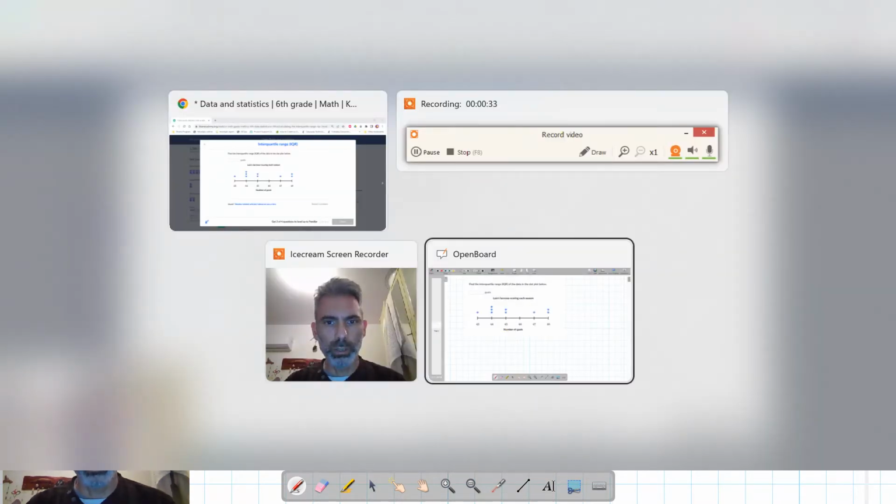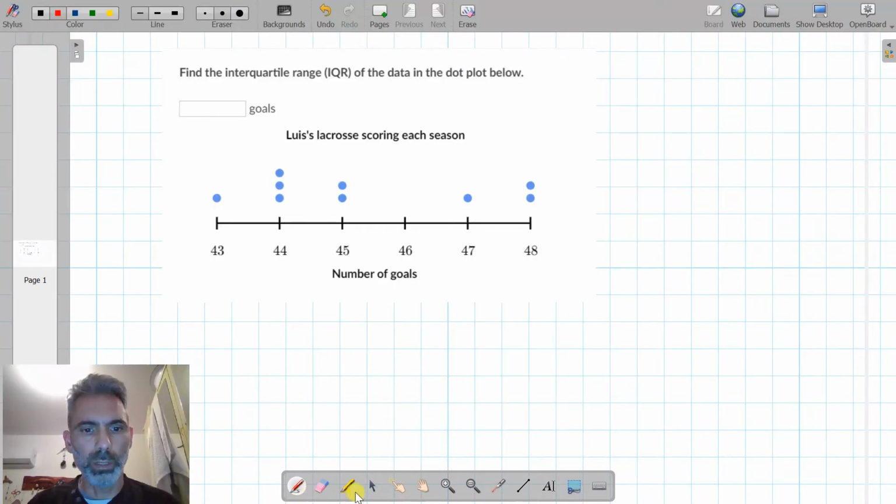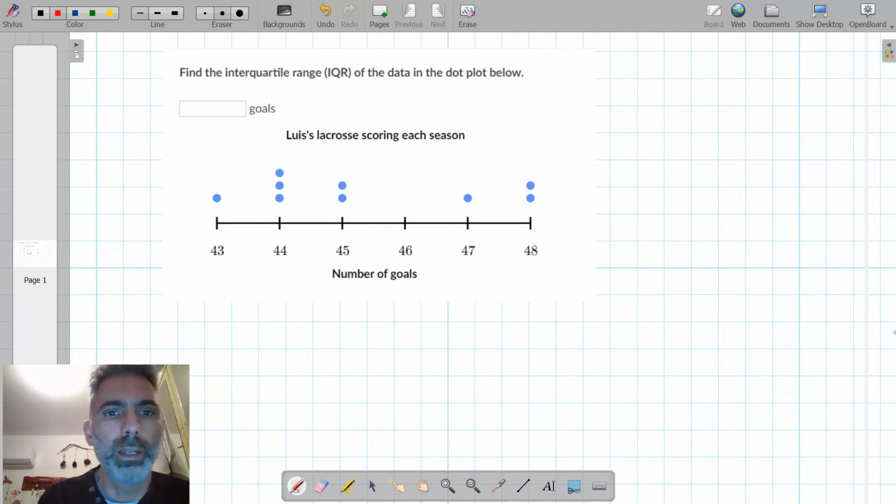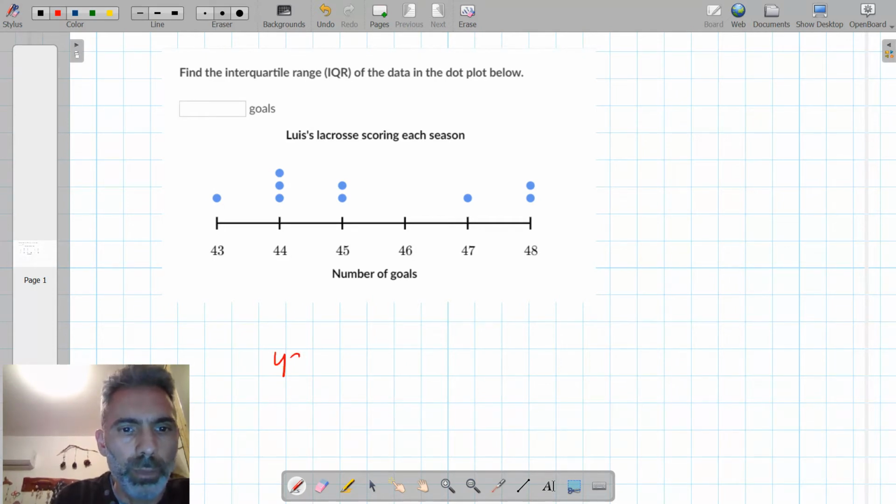So I've copied this question to the board, and now let's calculate the IQR, the Interquartile Range. So first I will list the data points. So I have 3 data points of 44.